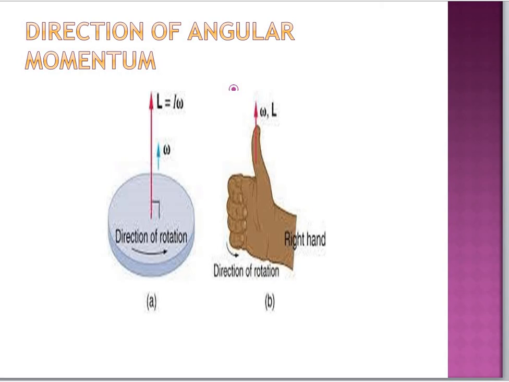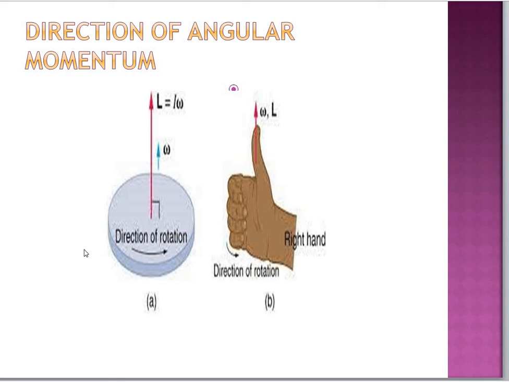Its magnitude is the product of the position vector and the momentum. R and P give the magnitude: r p sin theta is the magnitude and the direction is in this direction. Okay, it is perpendicular to the direction of rotation or motion of the object.